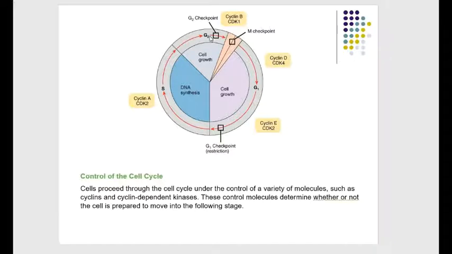If a cell were to fail one of these checkpoints, it would go through what is called natural or planned program cell death, which is called apoptosis. Apoptosis is programmed cell death, and it's going to prevent an improperly duplicated cell from continuing living, okay?